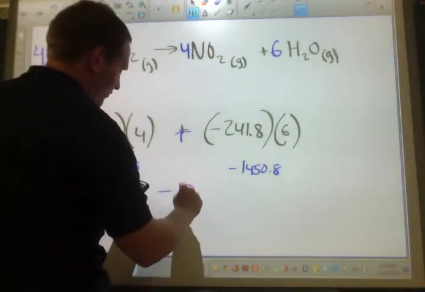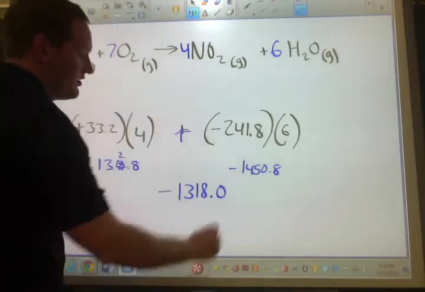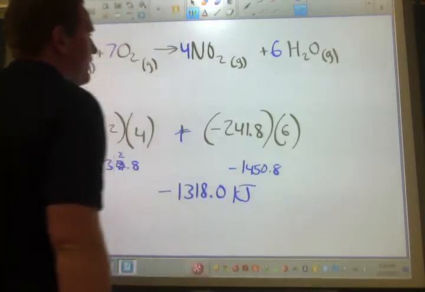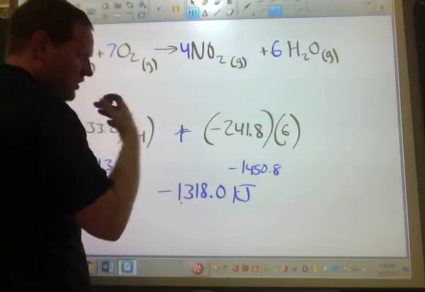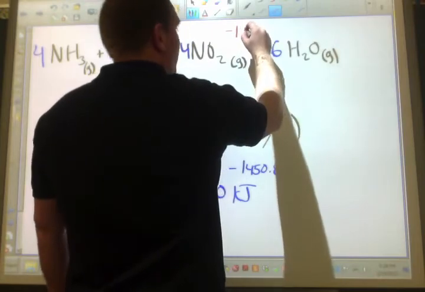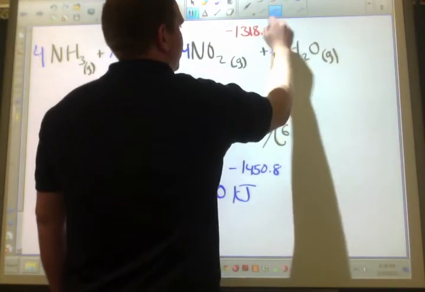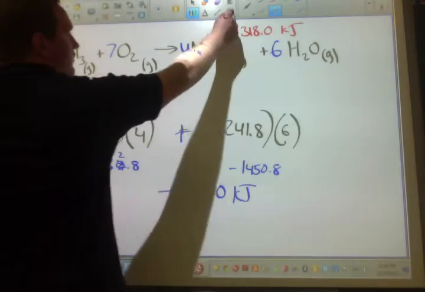Negative 1318.0. The unit here is kilojoules. Okay, so my products' total heat of formation is negative 1318.0 kilojoules.